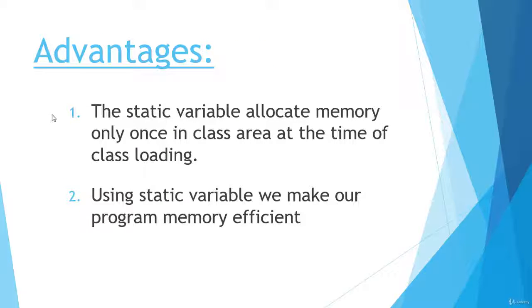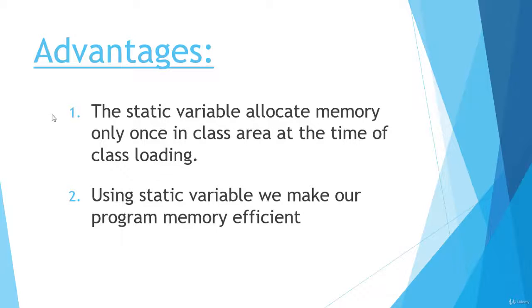And what are the advantages of using the static keyword? The static variable allocates memory only once in the class area at the time of class loading. As I have explained before, the static variable allocates memory only once when you start your program. And using the static variable, we make our program more efficient. How can we make our program more efficient?